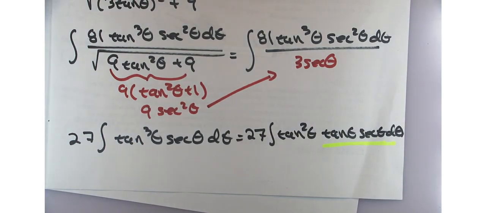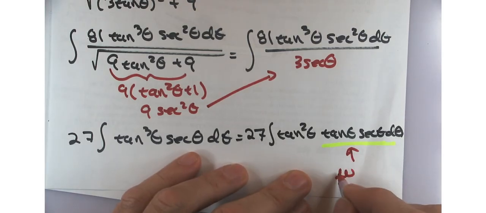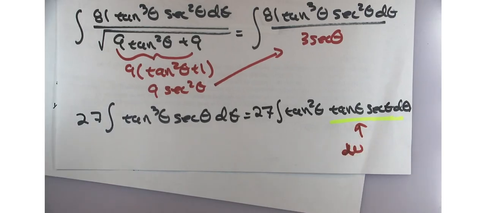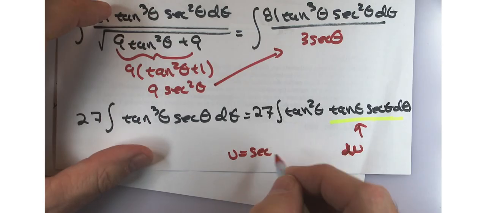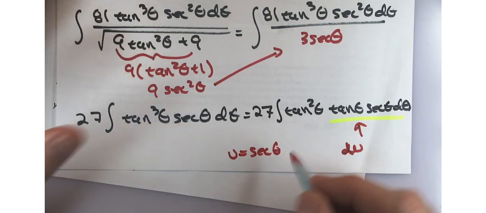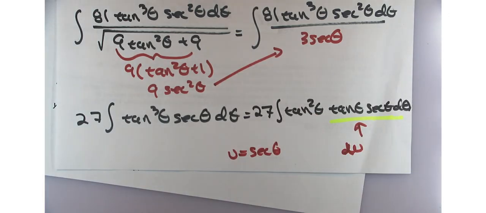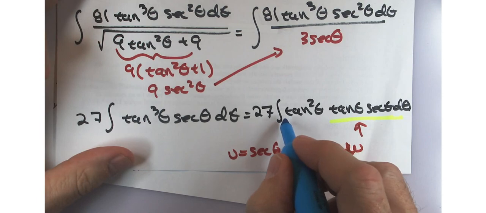So that's my du term. This is the du term for what u term? Well, it's u equals secant of theta. That's what's implied. So that means I got to mess around with that tangent squared of theta.